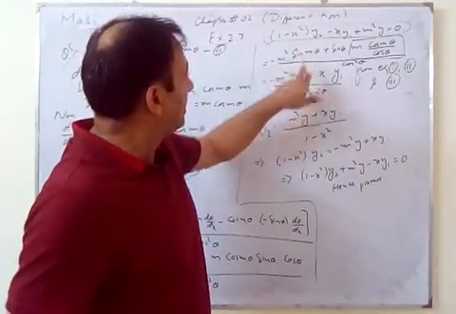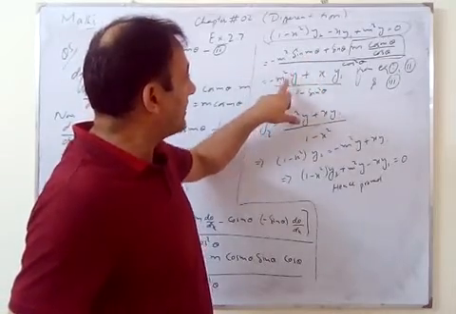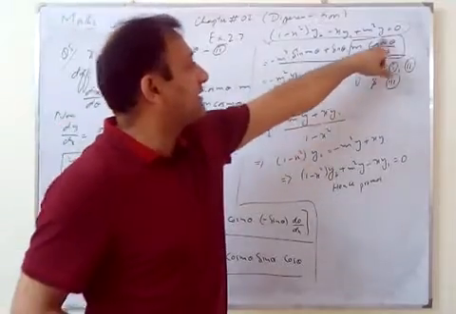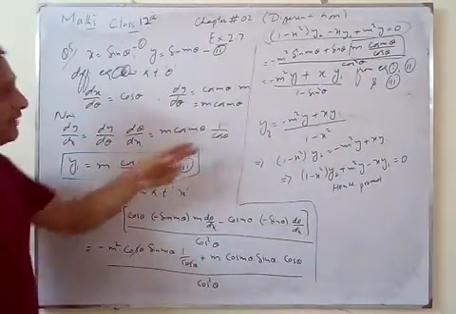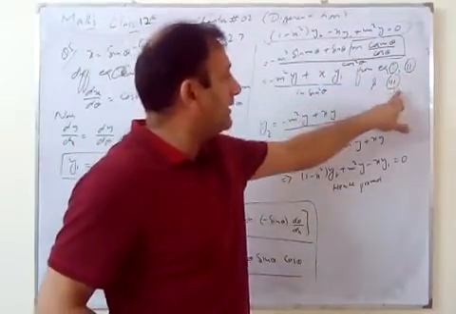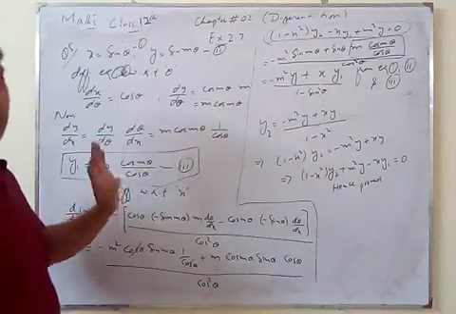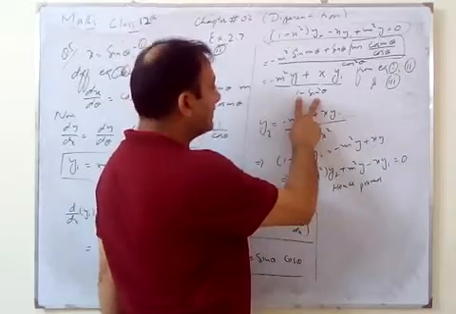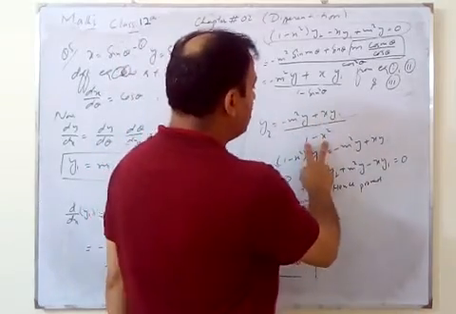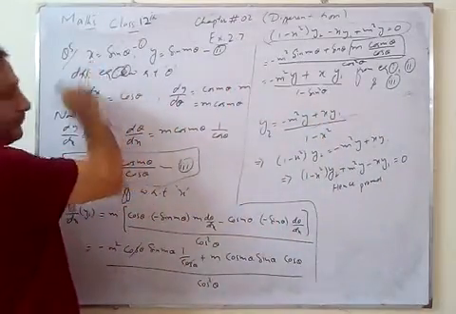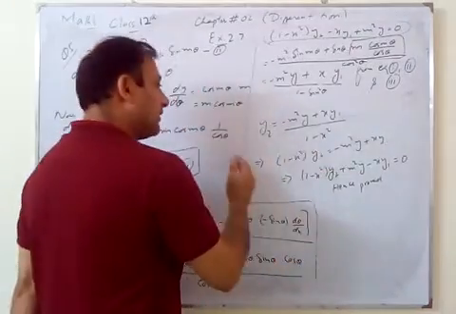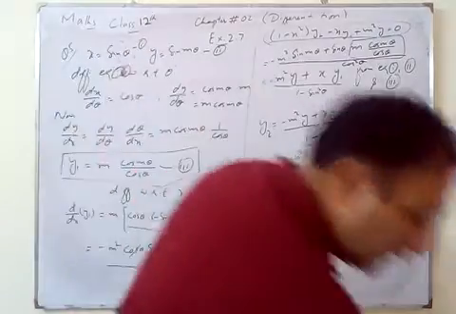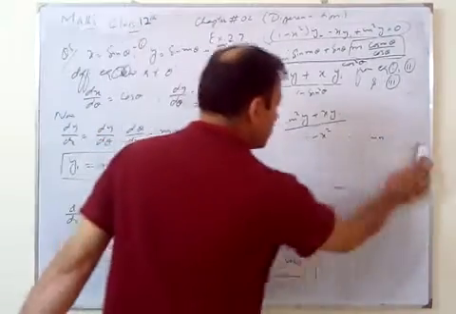So this is minus m square y plus sin theta, that is x, and this complete term is y1. From equations 1, 2 and 3, cos square theta can be written as 1 minus sin square theta, and 1 minus sin square theta is 1 minus x square. So take this 1 minus x square to the other side and simplify. So this was the question.